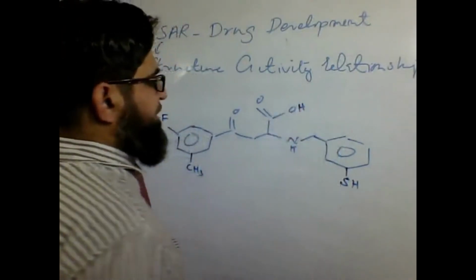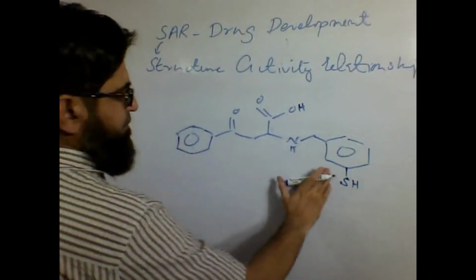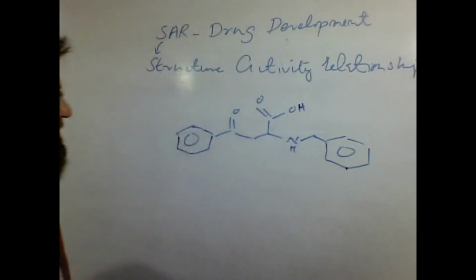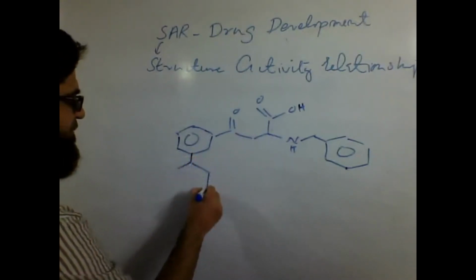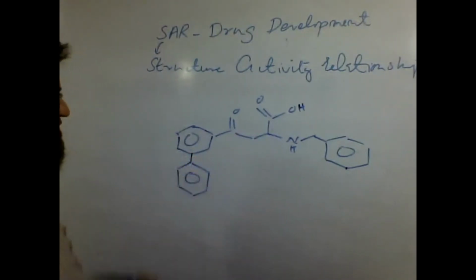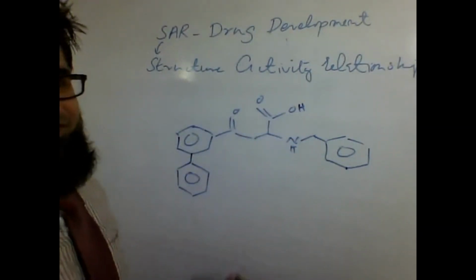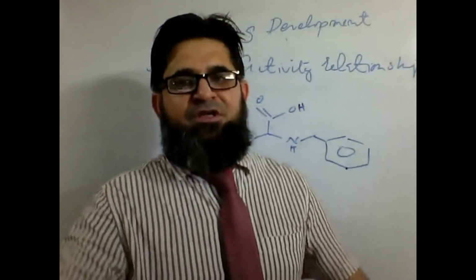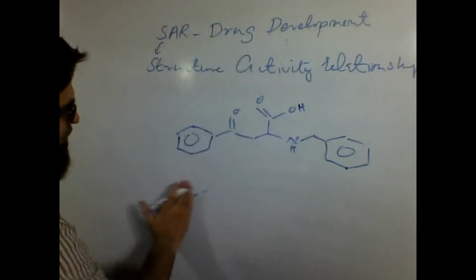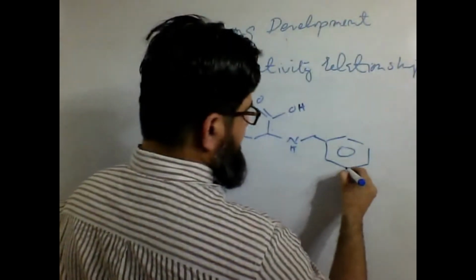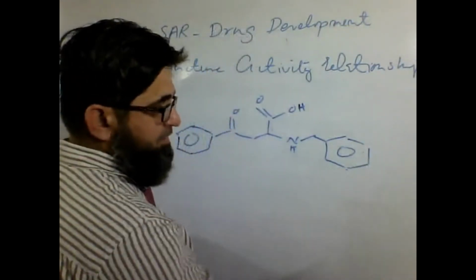I'm returning back to the original one. Let's say, simply one could introduce a ring structure. Okay, and then we can check whether its efficacy, its potential, has increased or decreased. Next time we can try to introduce this ring structure at this side.